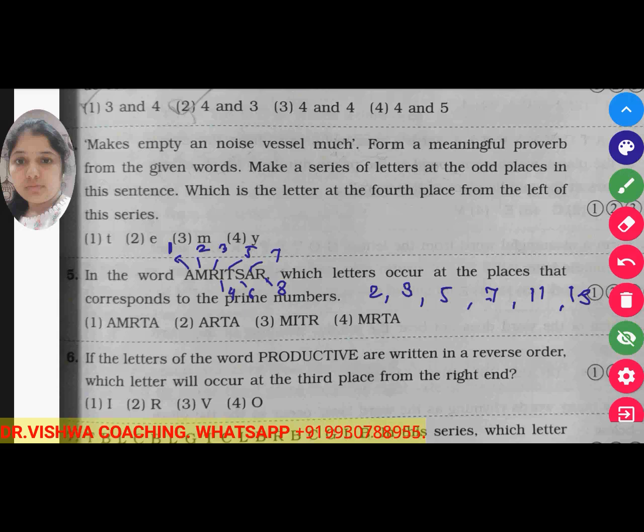Now which letters are there at the places that correspond to prime numbers? So 2, 3, 5 and 7. Which are those letters? M, R, T and A. M, R, T, A. So option number 4 is the correct option here.